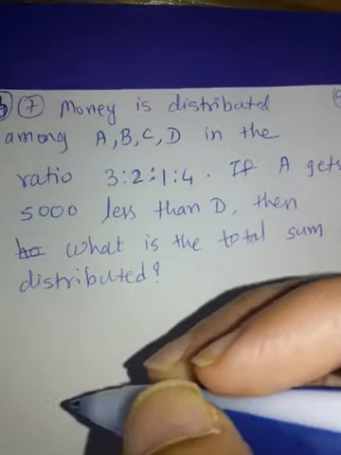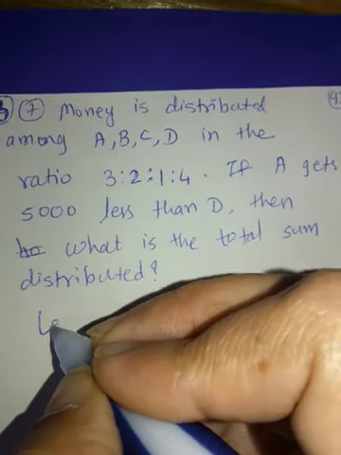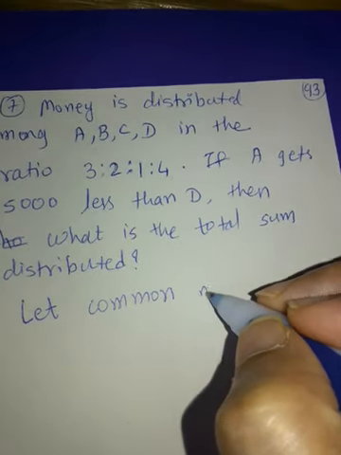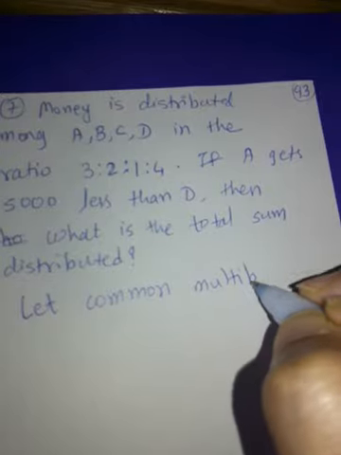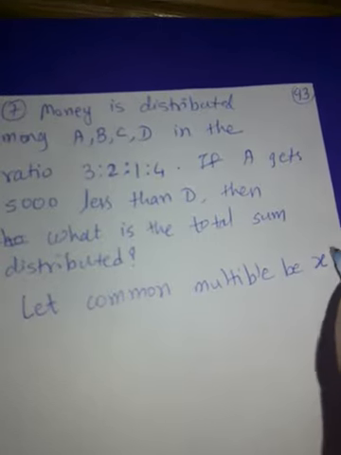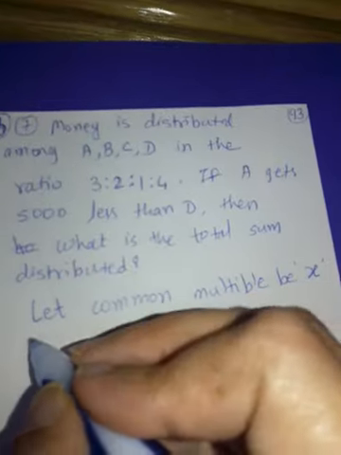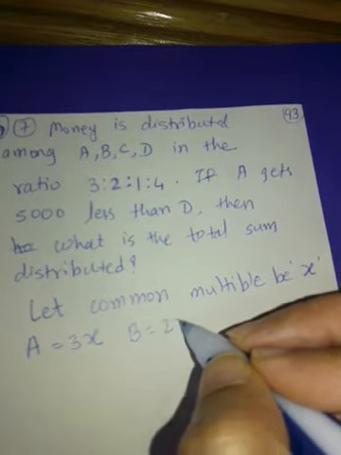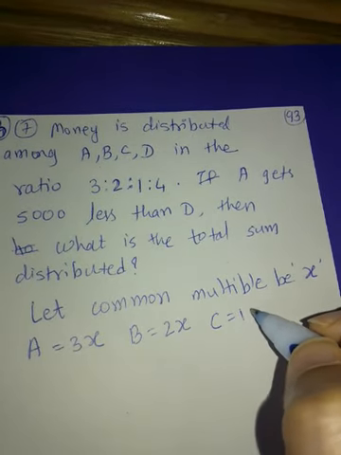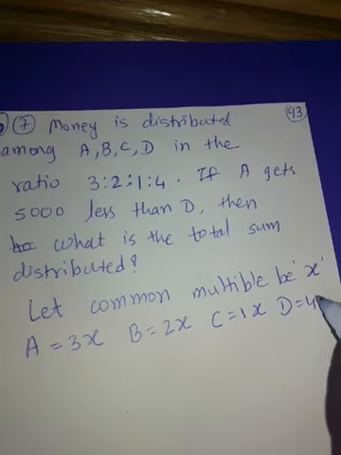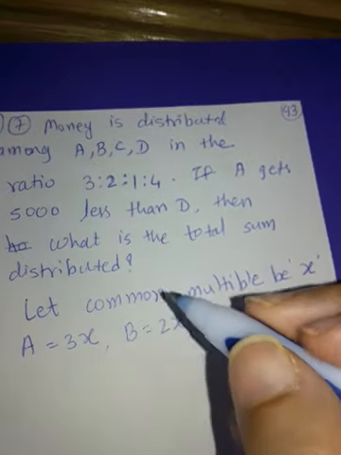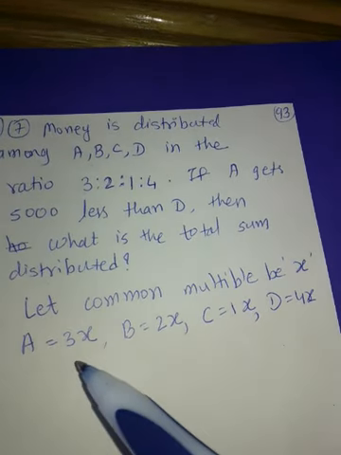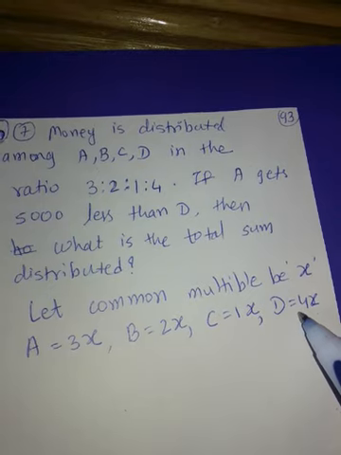So here what we can do, we can assume common multiple X. Let common multiple be X. That means A gets 3X, B gets 2X, C gets 1X and D gets 4X. Now we have converted this ratio into rupees. These many rupees A, B, C and D are going to get.